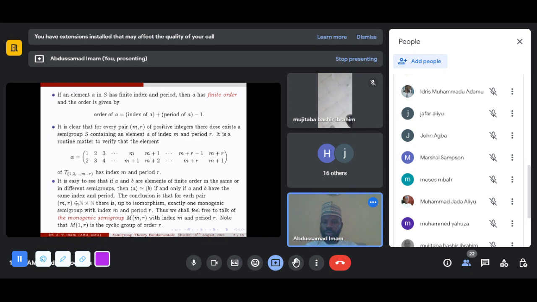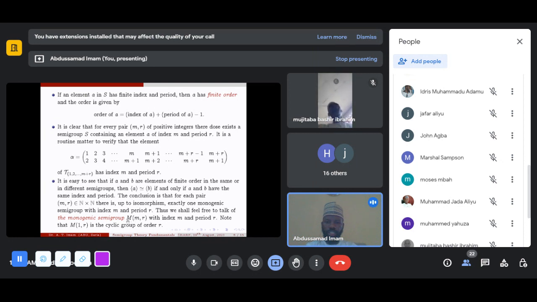And so therefore, we can conclude that given any pair of elements M, R, one can just speak of the monogenic subsemigroup M, R. Which means corresponding to every pair of positive integers M, R, there is exactly one monogenic subsemigroup up to isomorphism. You can have so many, but they are all isomorphic to each other. So we have exactly one and only one monogenic semigroup corresponding to the index M and the period R, up to isomorphism. This is always the case.